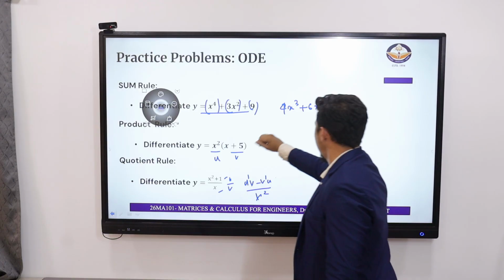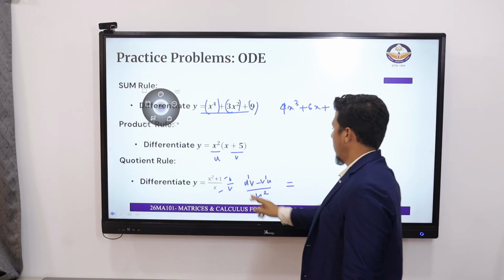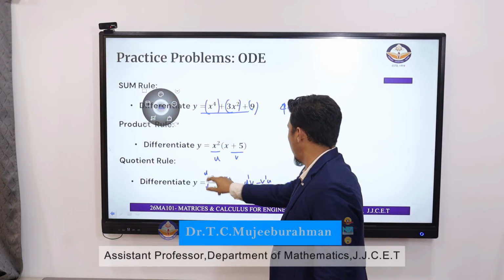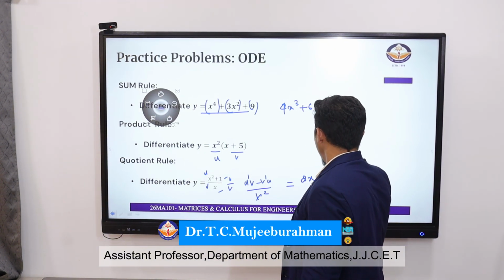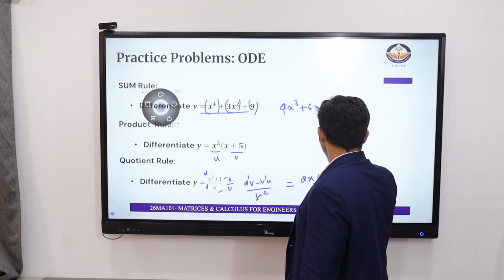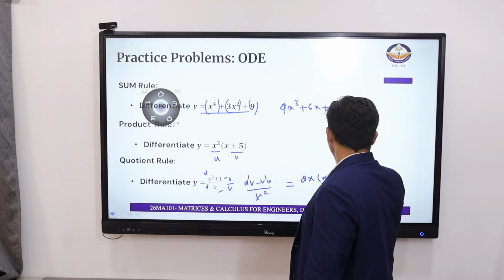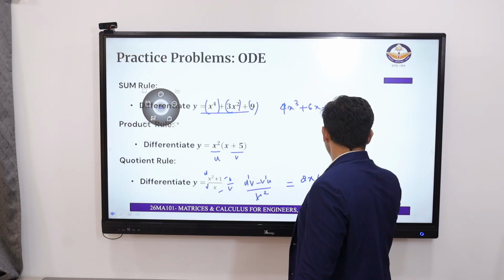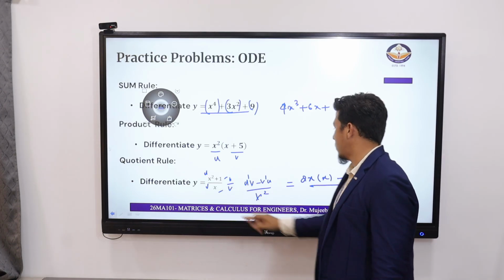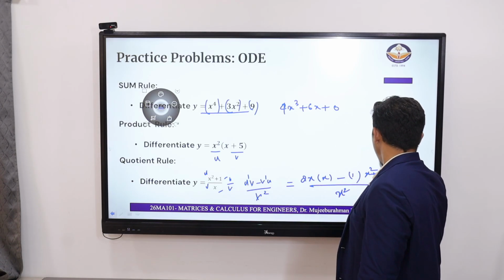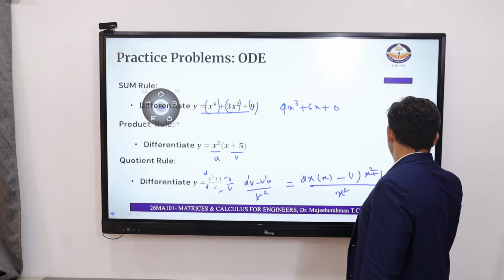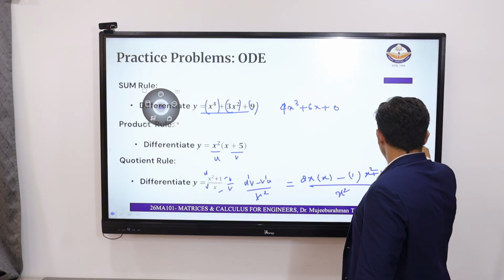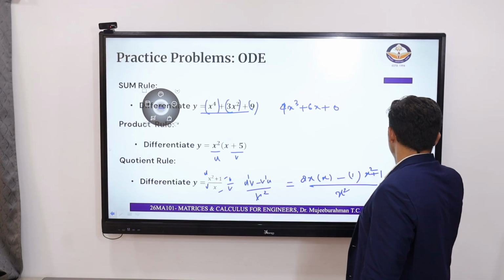This is u and this is v. u dash is 2x, into v, which is x, minus v dash, which is 1, into u, which is x square plus 1, divided by v square. What is v square? x square. Now it is 2x square minus x square plus 1 divided by x square. The final answer will be x square plus 1 by x square.